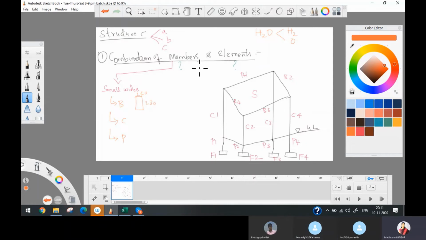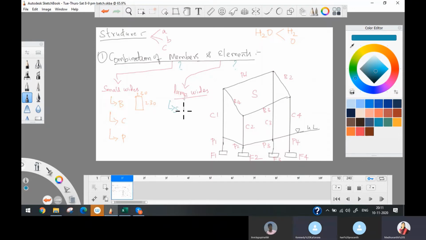And what is an element? Element means something which has a large width. For example, if you take the slab, generally it will be minimum 2 meters. It depends upon your room size. A room will be minimum 2 by 2, not less than that.